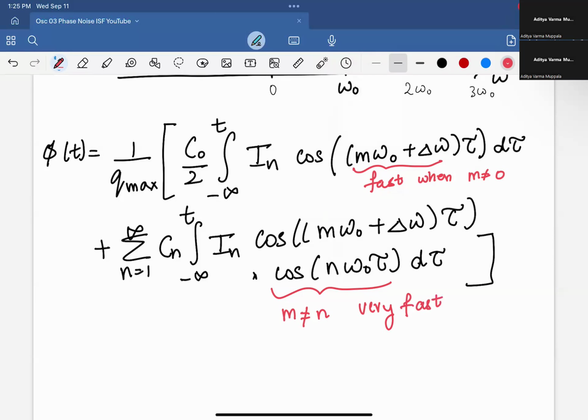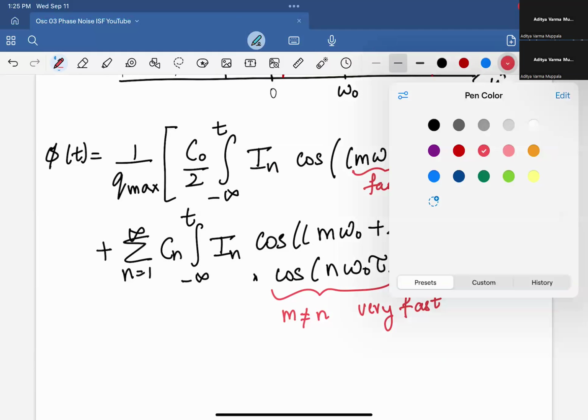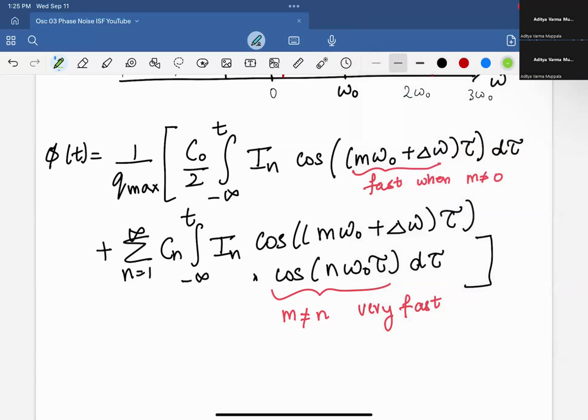So when m is not equal to n, you get the omega naught term in there, and this becomes a very fast varying, a high frequency argument. So the argument of the integral changes very fast. And then of course, this is very slow when m is equal to 0. And when m is equal to n, this is very slow.